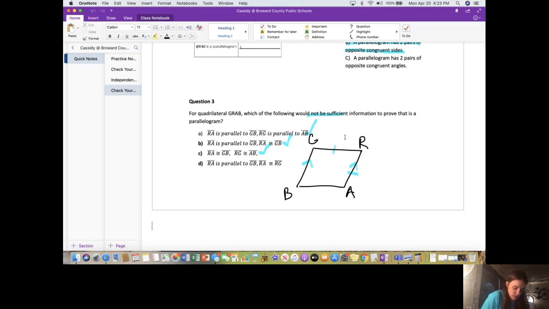Okay, let me give you an example showing you why that's true. Sorry, not pretty. All right, so we've got parallel sides. Okay, they're parallel. Okay, and sorry, this isn't pretty.